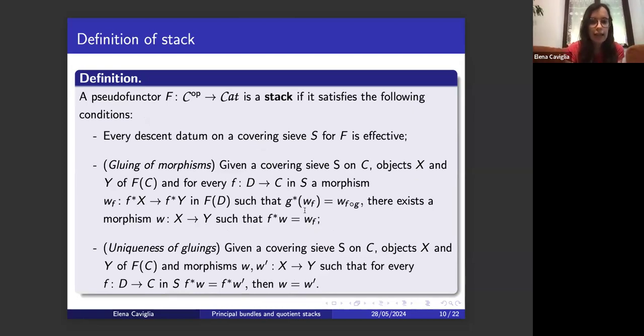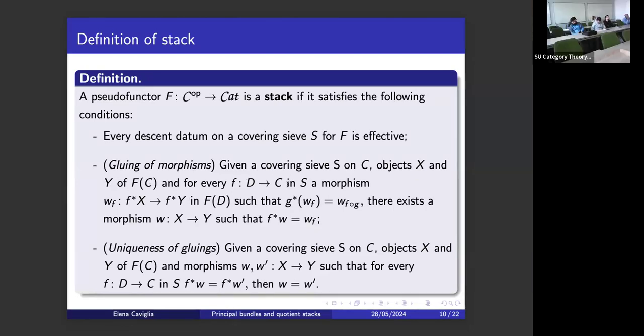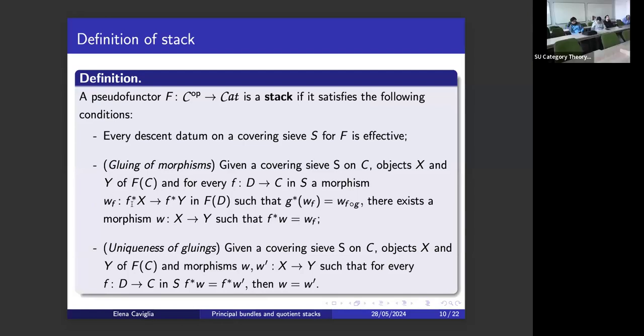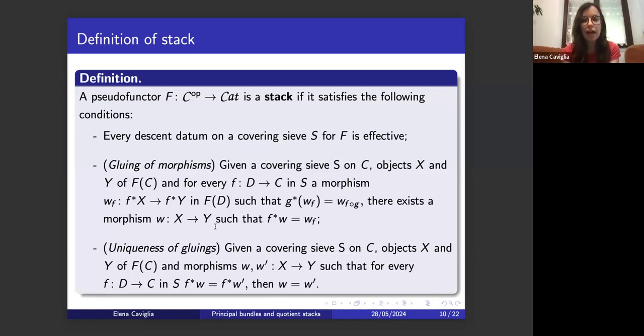So the idea is that if we have two objects in F of C, and then for every morphism f in S, we have this morphism W_f from f star x to f star y, and these W_f are compatible with respect to composition, then we can glue them together to get a global morphism W from X to Y that recovers all the local ones.